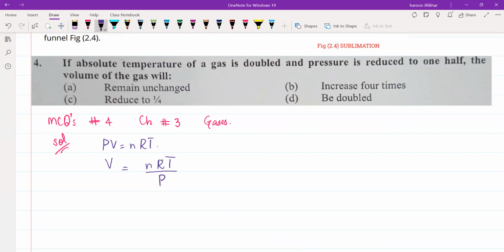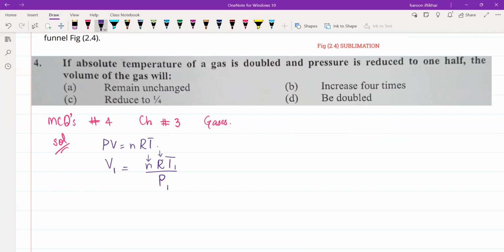Now we have volume 1. Let's say this is gas 1, or initially the state. If the absolute temperature of gas is doubled, first of all, I have gas 1 with temperature 1 and pressure 1. Why am I saying temperature 1 and pressure 1? Because n is constant, the number of moles are constant, definitely, and the general gas constant R is also a constant. So we have the same number of moles and R values.